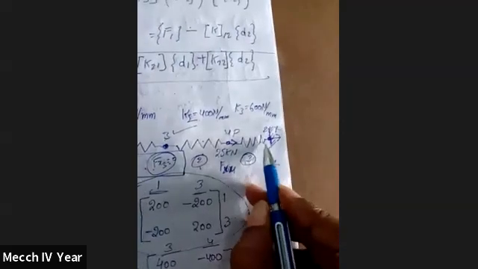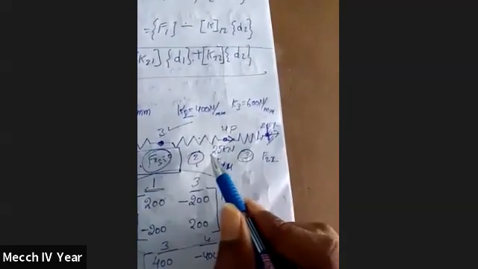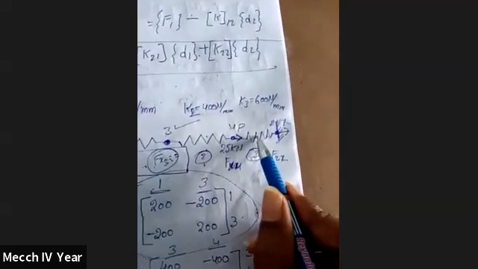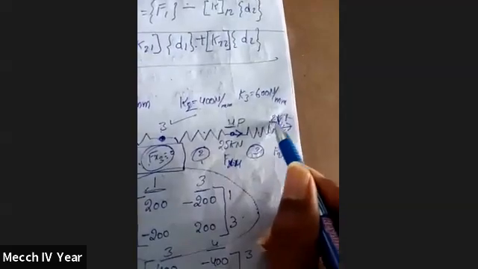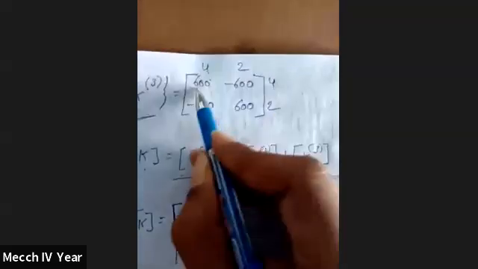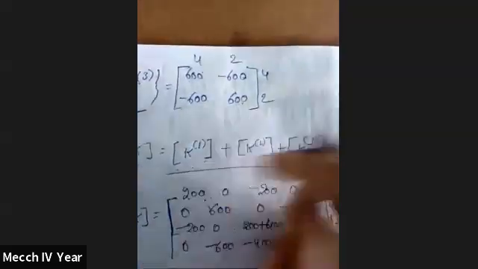In this third element, we are going to see node 4 and node 2. So 4, 2 means here we see 4, 2. 600, minus 600, minus 600, 600.